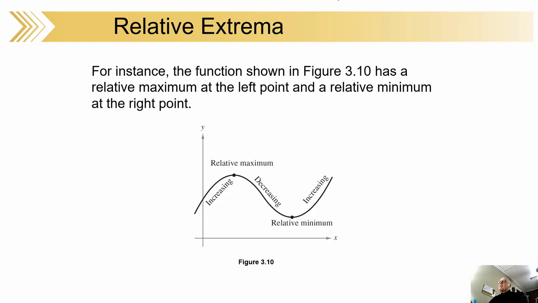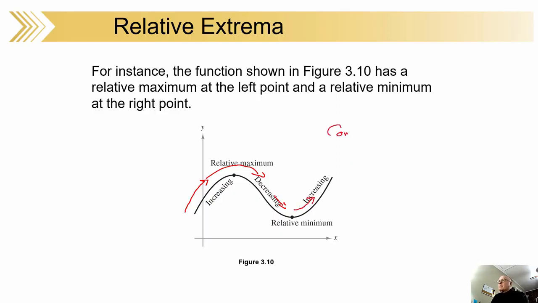So here's an example of a function. You can see the curve going there, and let's see if the pen's going here. There's my pen, good. So your curve is going like this. It gets to a high point, starts decreasing, gets down to the bottom, starts increasing again.